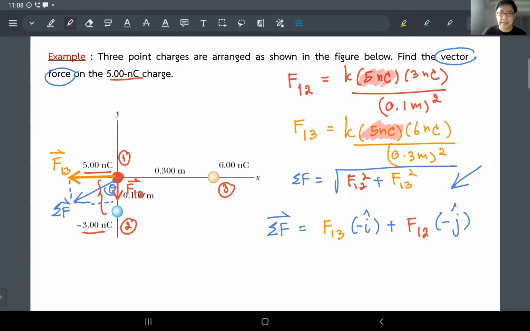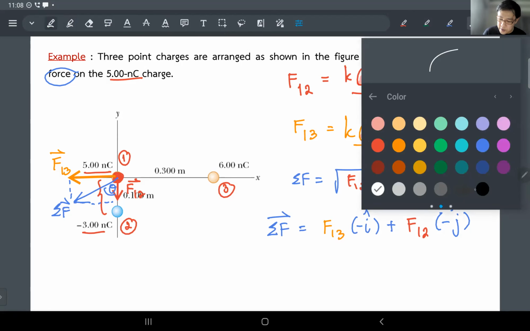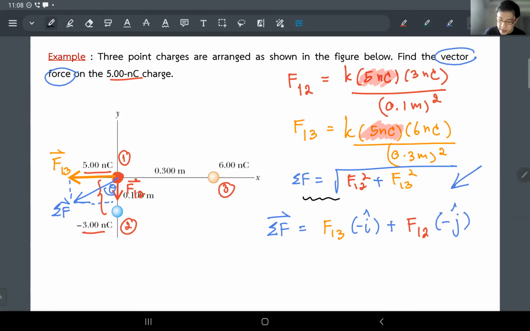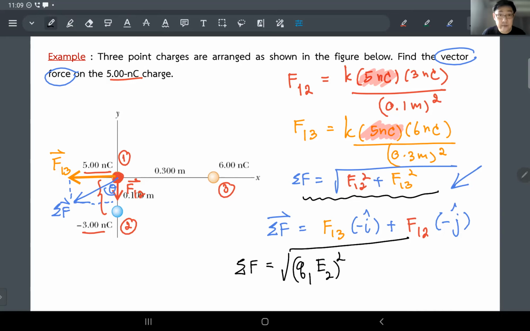I hope. Okay, so just to be able to write out what I'm saying over here, look at this one. Here we go. So I'm going to take from this line here, sigma F equal to the square root of, okay, F12 is just Q1 E2. You guys with me? E2 is the electric field due to the charge number 2, plus F13 is going to be Q1 times E3.